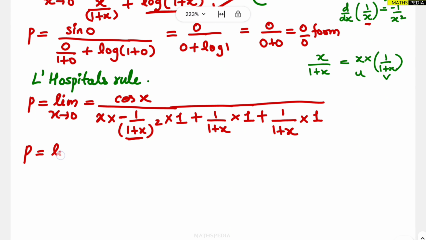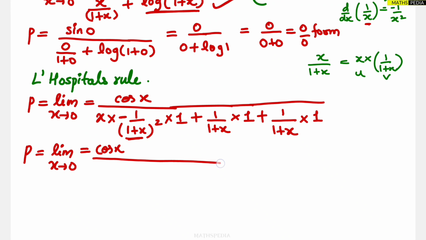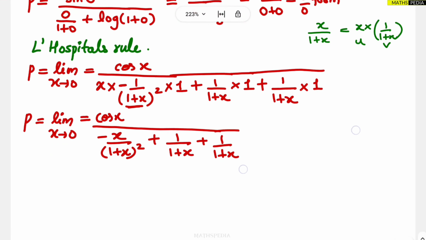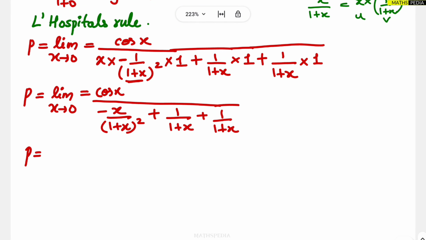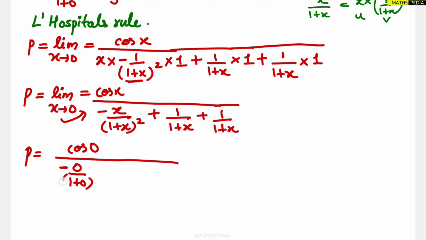Now we'll write the simplified version. So p is equal to limit x tends to 0 cos x divided by minus x by 1 plus x the whole square plus 1 by 1 plus x plus 1 by 1 plus x. Now we'll apply the limit. Cos 0 divided by minus 0 by 1 plus 0 the whole square plus 1 by 1 plus 0 plus 1 by 1 plus 0.